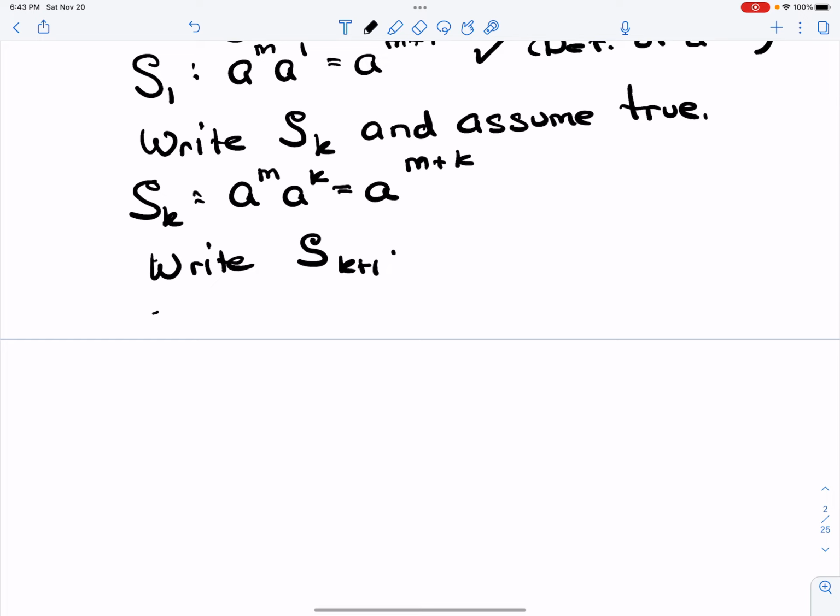So if we had S sub k plus 1, we'd have A to the m, A to the k plus 1 equals A to the m plus k plus 1. So when we work it out, do our algebra magic, this is what we need to have happen.